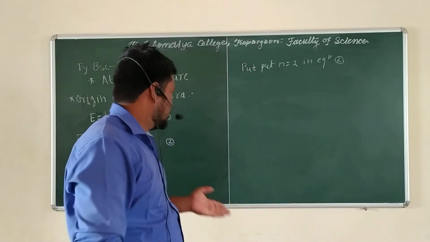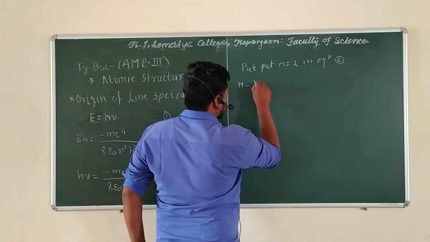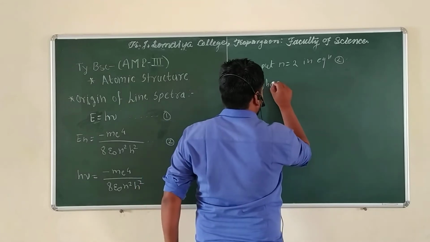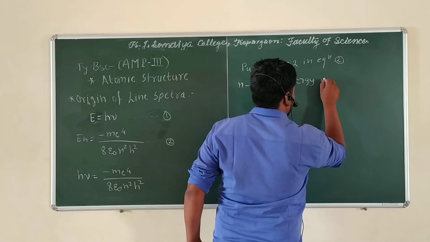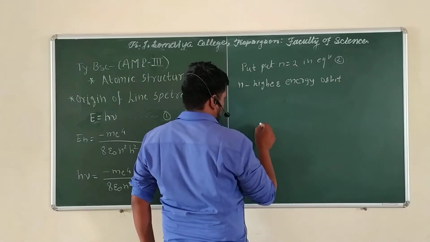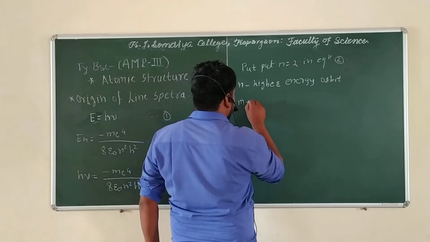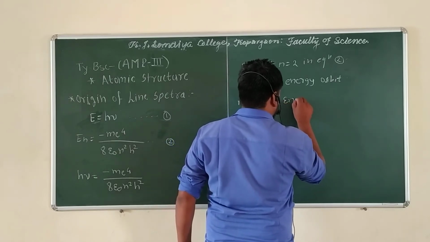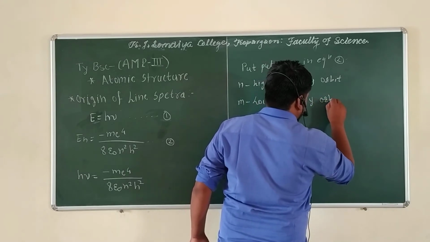So we consider n as the higher energy orbit and m as the lower energy orbit.